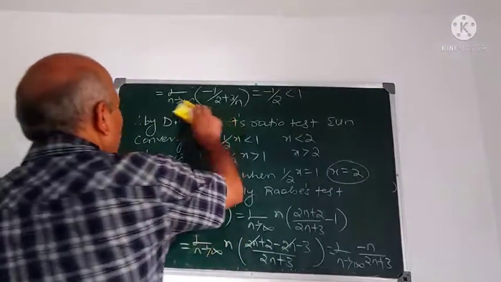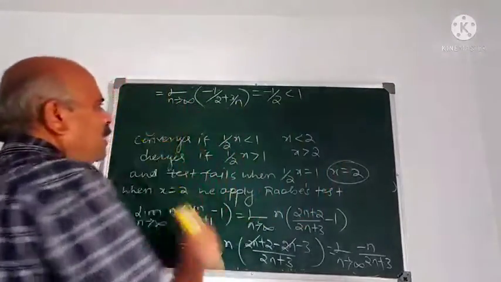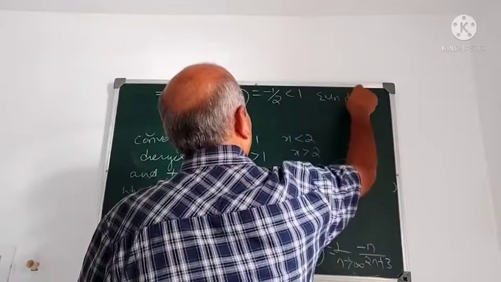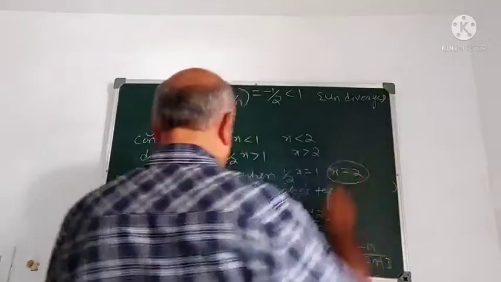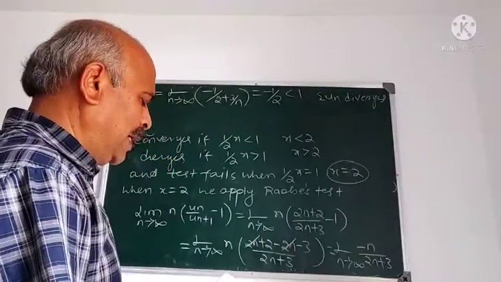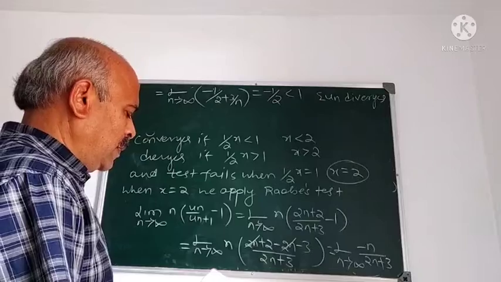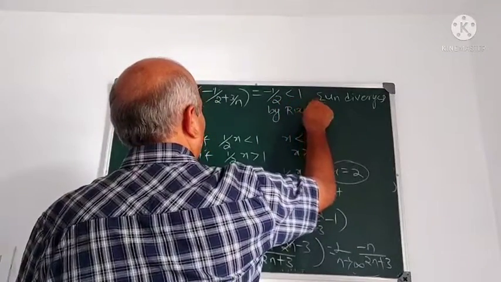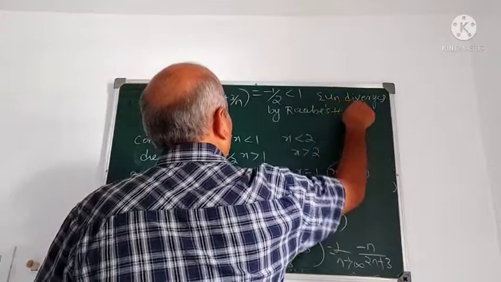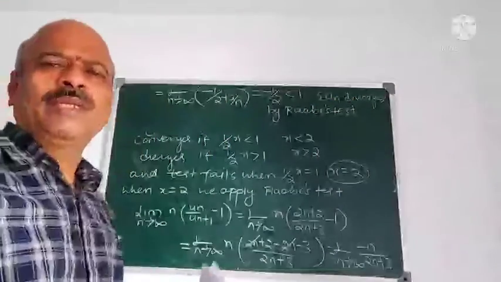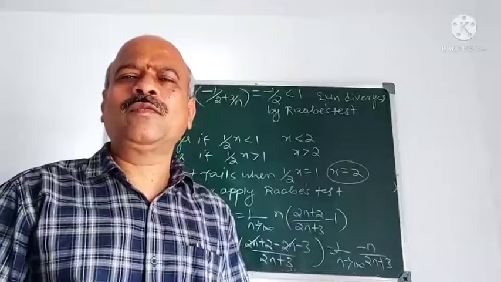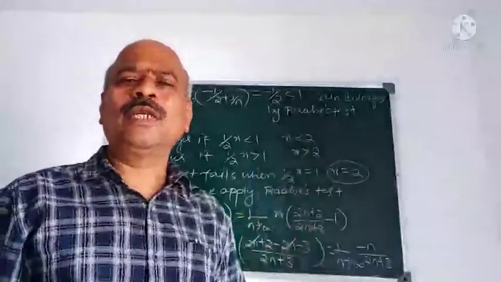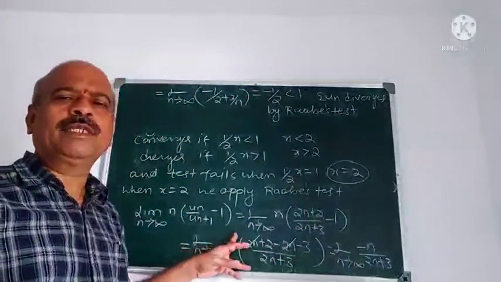In case of Rabi's test, if L is less than 1, sigma un diverges. Sigma un diverges by Rabi's test. I think the above example is the best illustration of when D'Alembert's ratio test fails and we can apply Rabi's test.